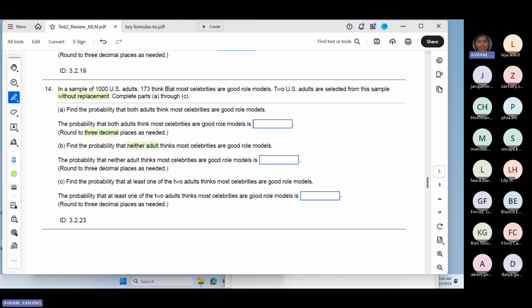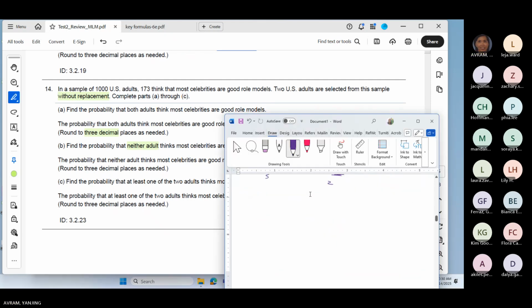So 173 think they are a good example. How many of them will think they are not a good role model?